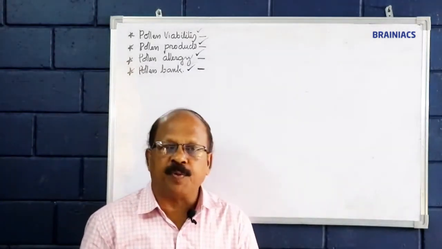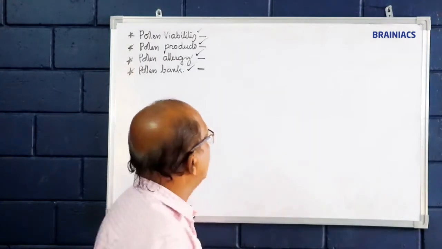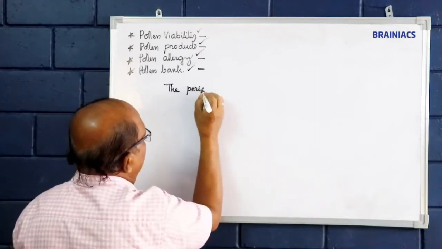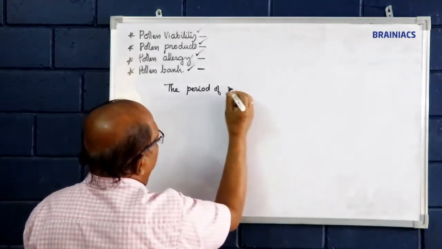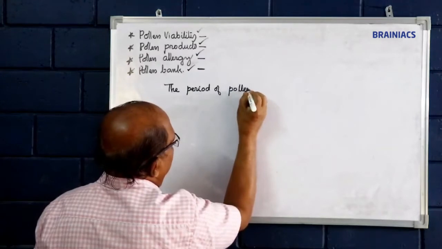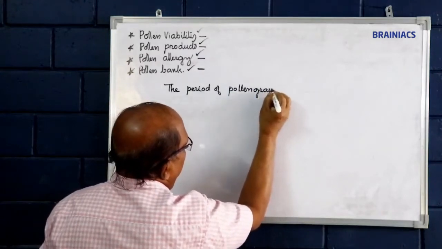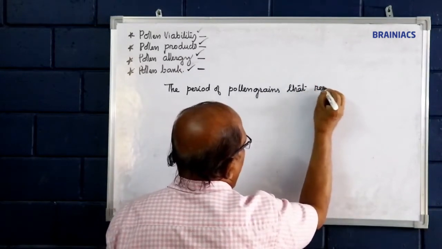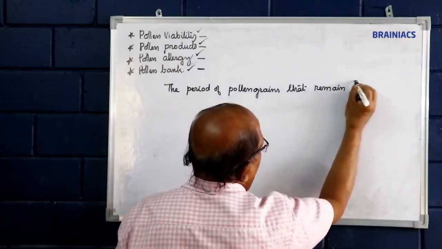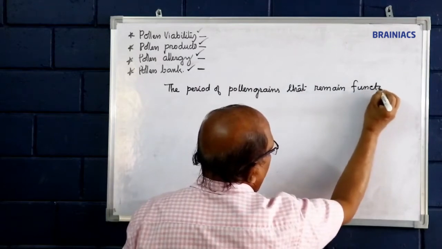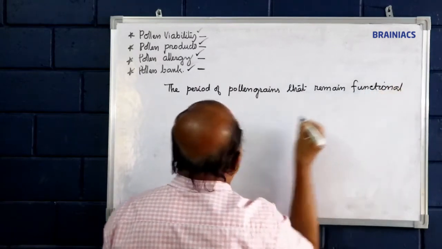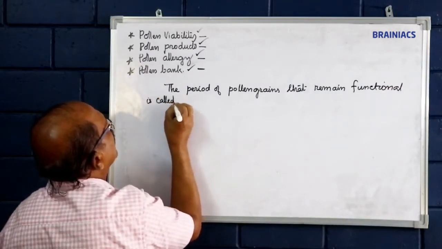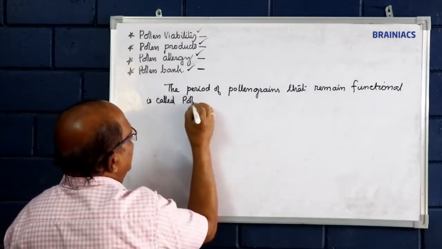The period of pollen grains that remain functional is called pollen viability.